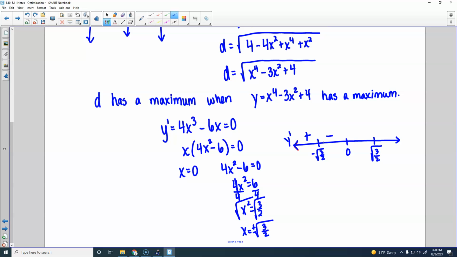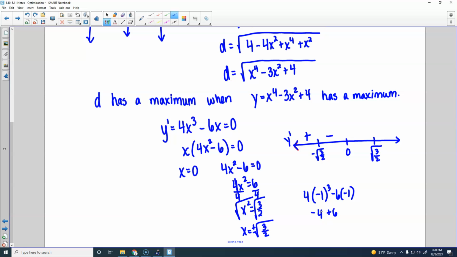Actually, hold on. 4 times, sorry, I should be saying negative 1. Negative 1 cubed minus 6 times negative 1 is going to give you negative 4 plus 6. Hold on, have I messed up? Square root of 2 over 2 would just be square root of 1, which would be 1. So square root of 3 over 2 is a little bit bigger than that.